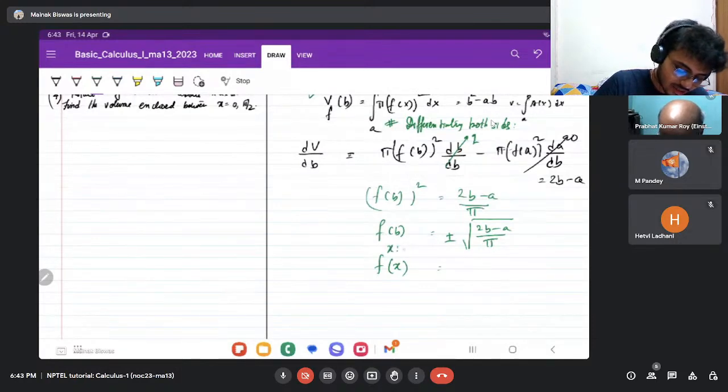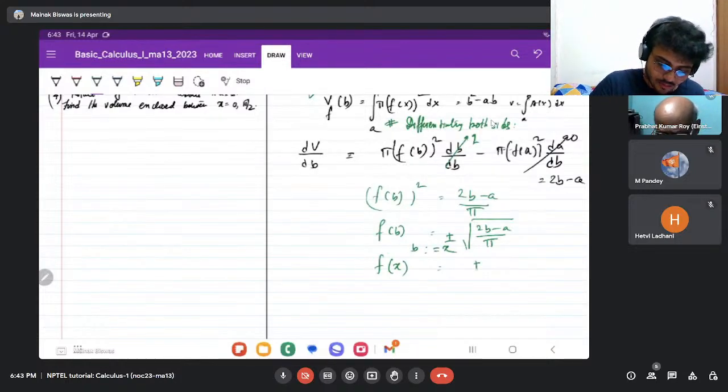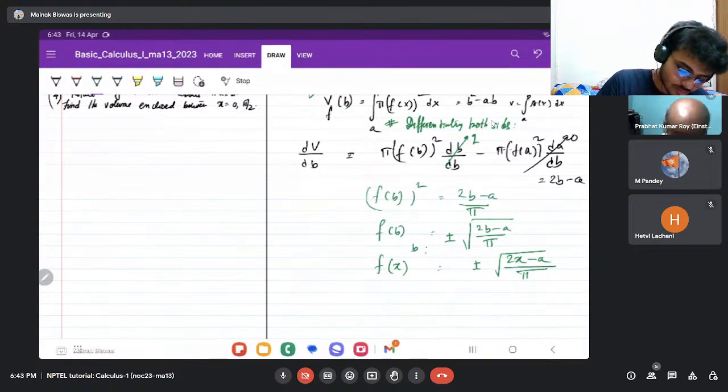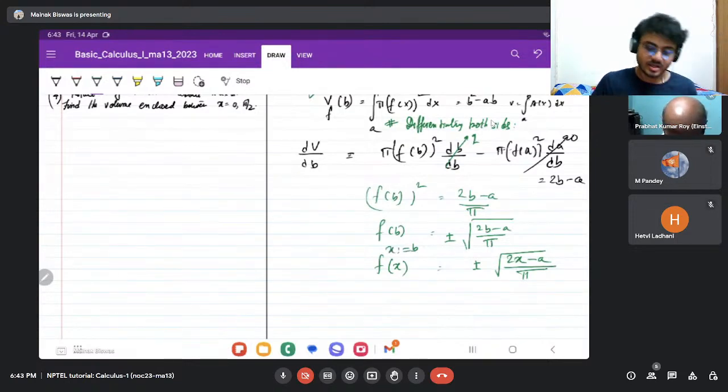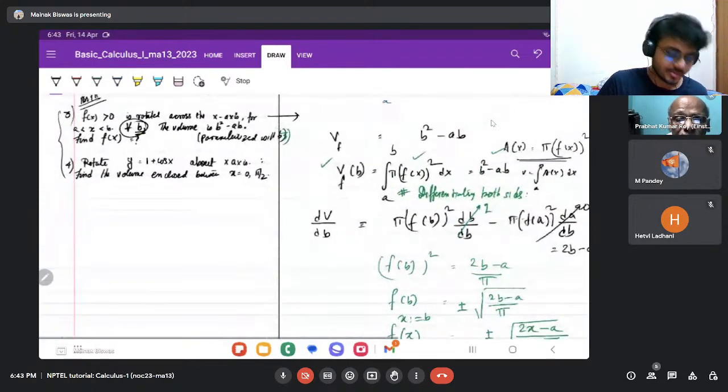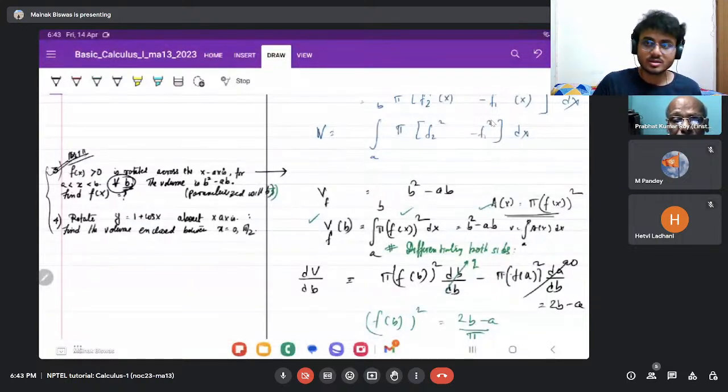So assign x equal to b, and f of x is plus or minus the root of (2x minus a) by pi, right? Agreed? Is there any doubt? No, sir, it's okay.